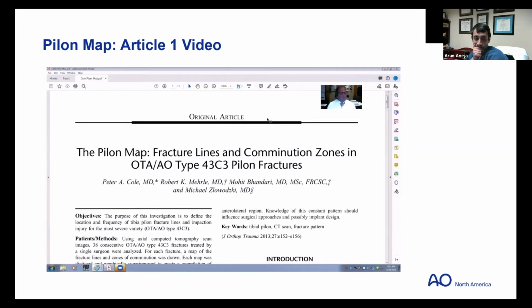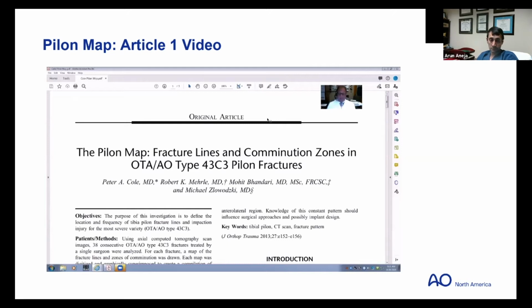So I thought, well, I think the way to try and understand this is to identify the most common morphology of tibia Pilon fractures. And so I simply took the CT cuts just above the plafond in 38 fractures and mapped them.